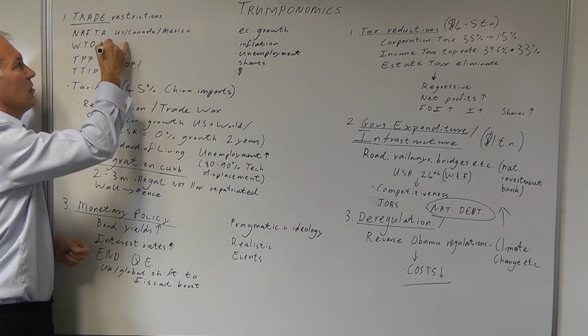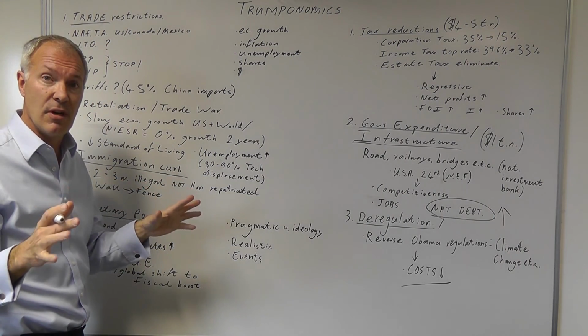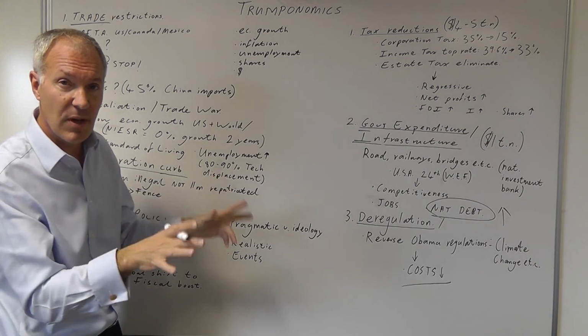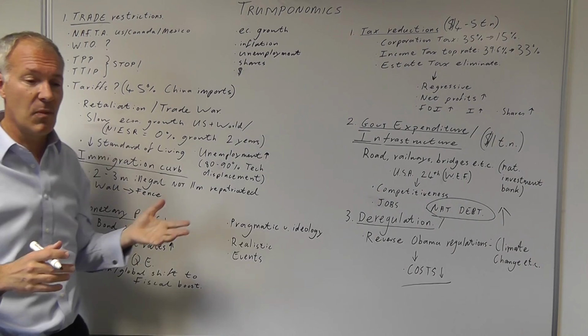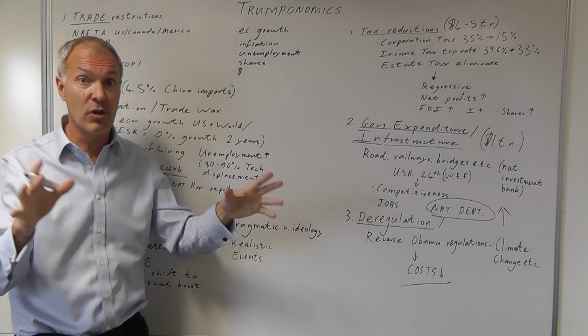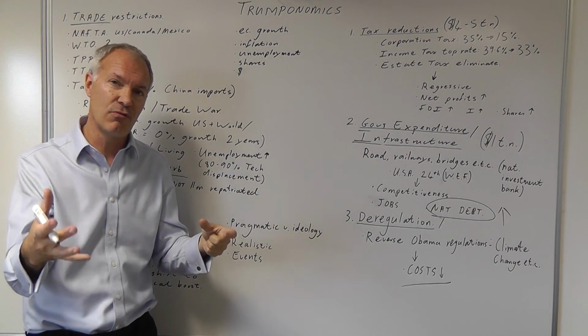There's a danger that he might leave the WTO. He's made very critical comments about the World Trade Organization, and of course this is one of the great Washington consensus liberal institutions of the world to promote free trade.